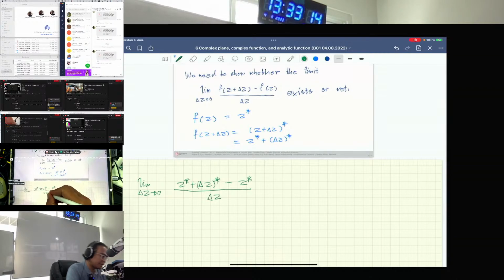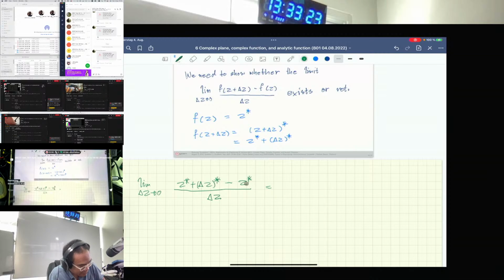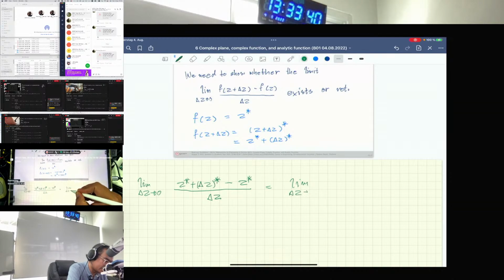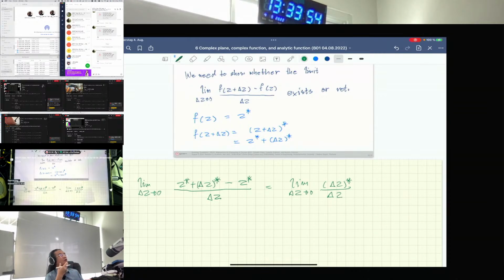Divided by delta z. So what is the result then? The first term and the last term are the same, except that this one has a minus sign, so both will cancel each other. We're going to get only delta z star. The limit as delta z goes to 0 of delta z star divided by delta z. Only like this. All right.